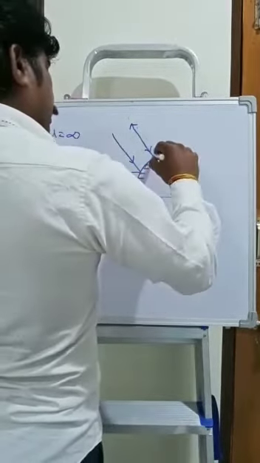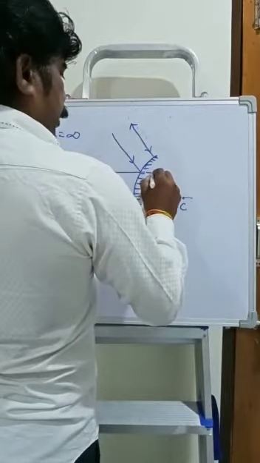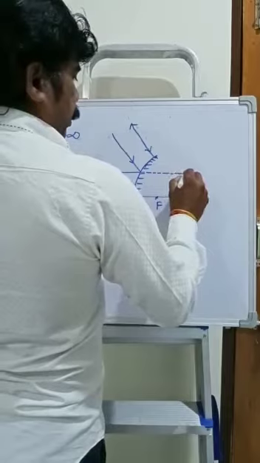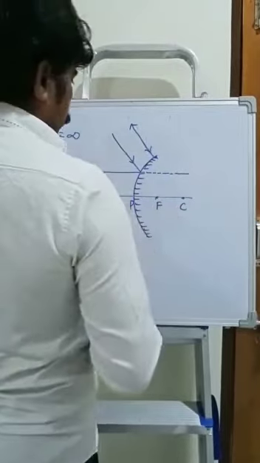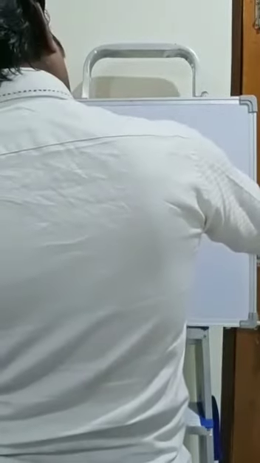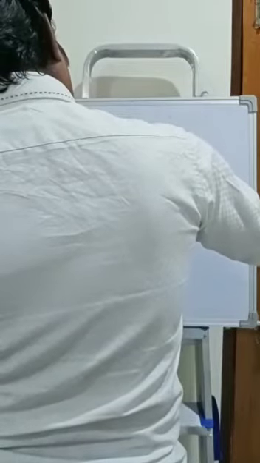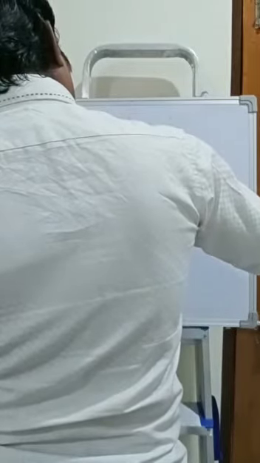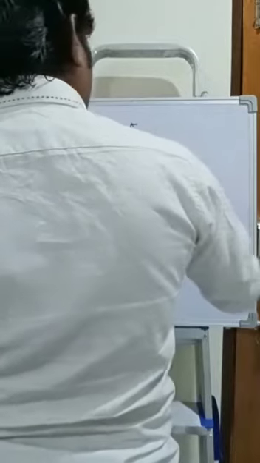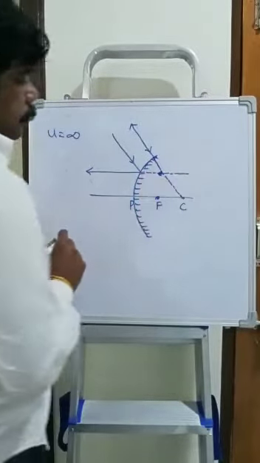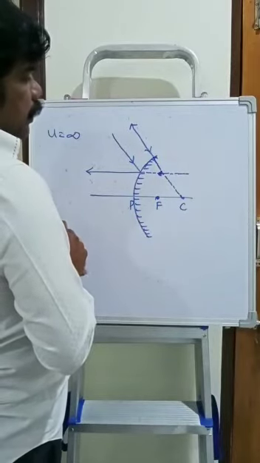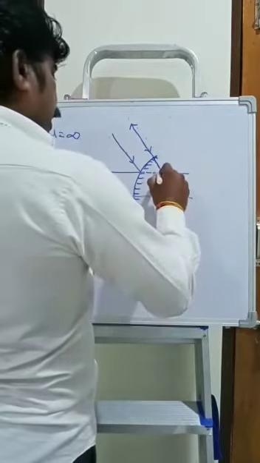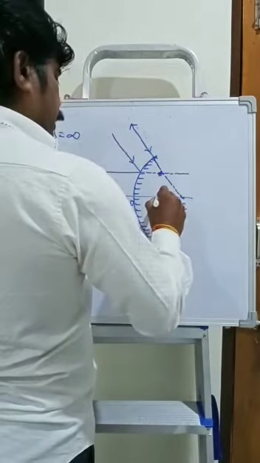When extending the incident rays after reflection, the point of intersection of the two reflected rays, which is made indirectly, should be at the focus or focal point.